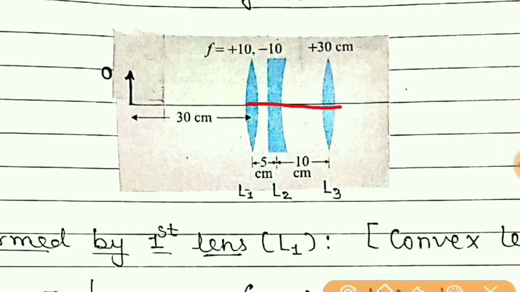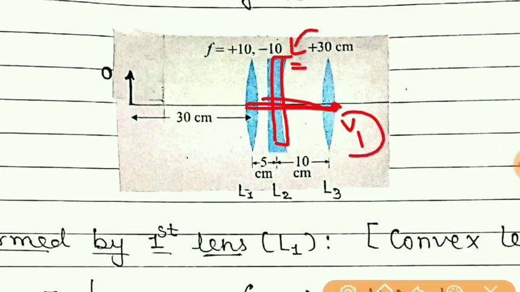So now for the second lens, the image formed by the first lens, that is V1, will behave as an object for this second lens. So for this second lens, the distance of object will be 15.